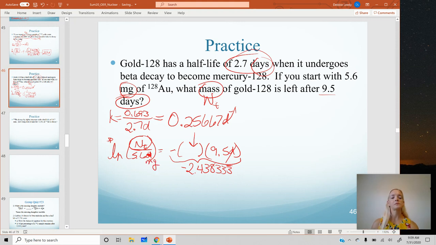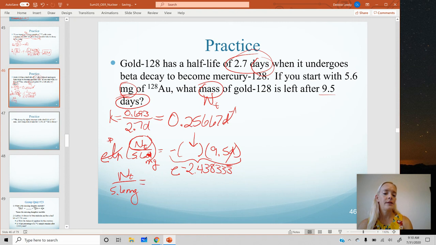Right, so I could separate out my ratio of the natural log here, but that doesn't really help me because eventually I have to get rid of the natural log. So I actually prefer to do it now. I'm going to take e to both sides, so I get rid of that natural log. And so I'm going to have N sub t divided by my initial. And now I'm going to take e to my product.